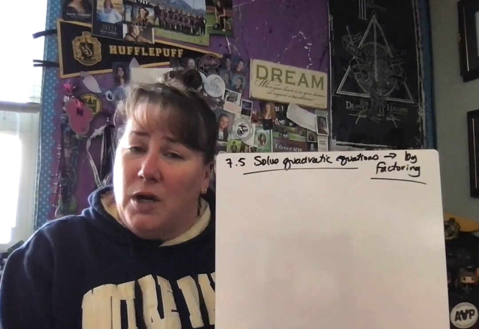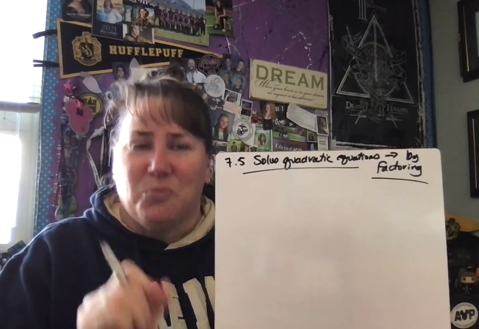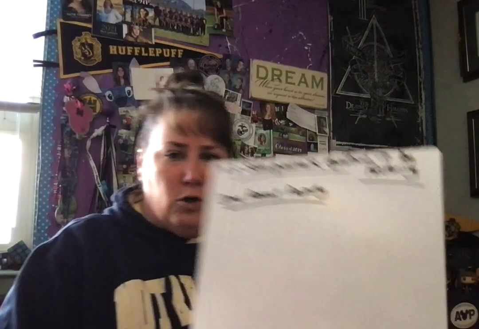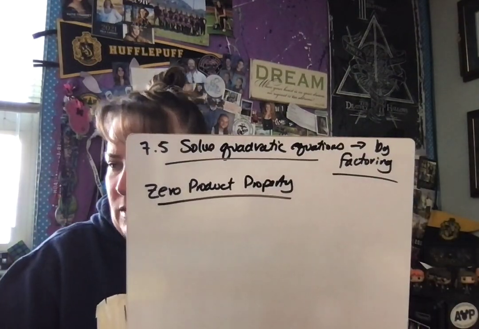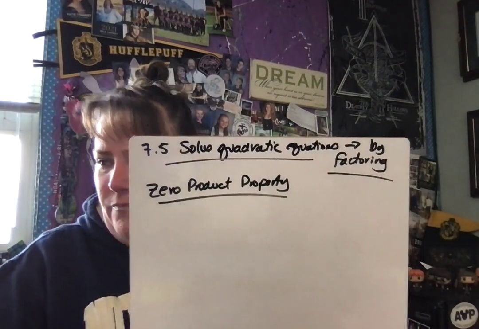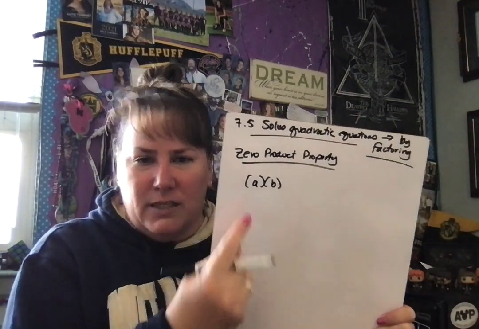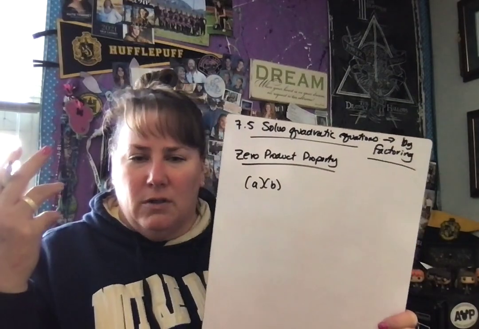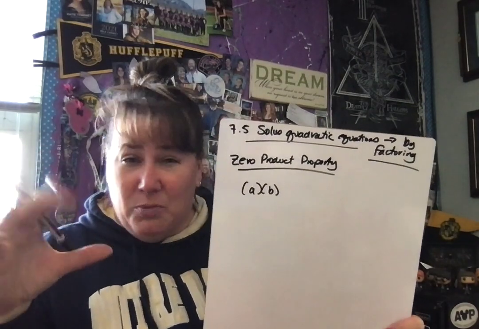So there's this property we use called the zero product property. This is going to help us solve our equations. Okay, zero product property. So if you have the quantity A times the quantity B, it doesn't matter what A is, doesn't matter what B is. You can have a binomial, you can have a monomial, that part doesn't matter.